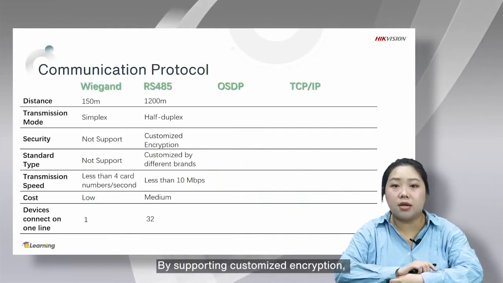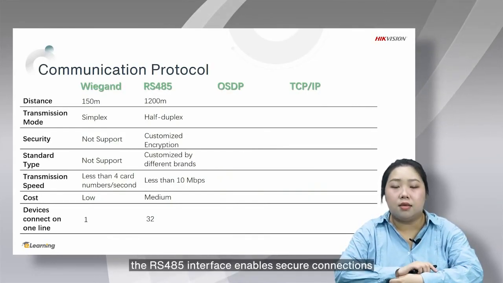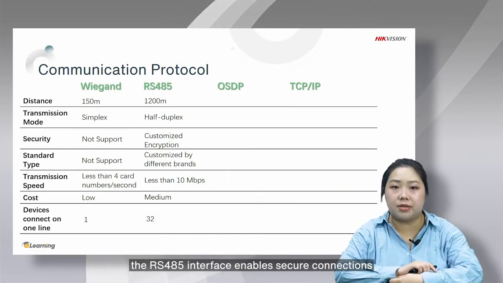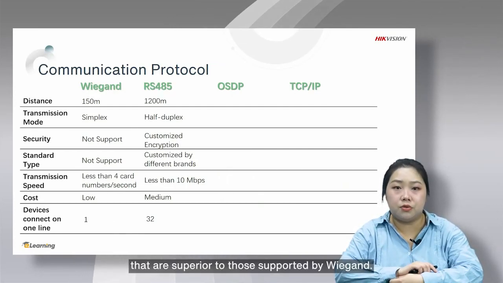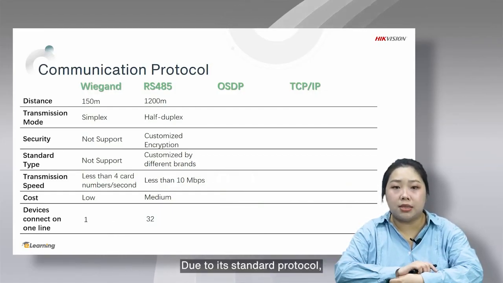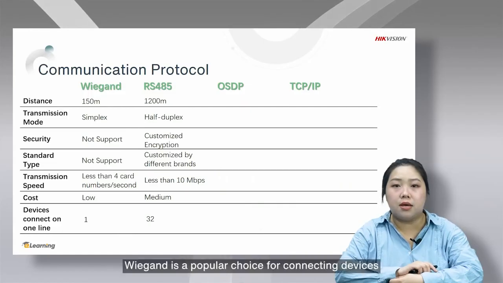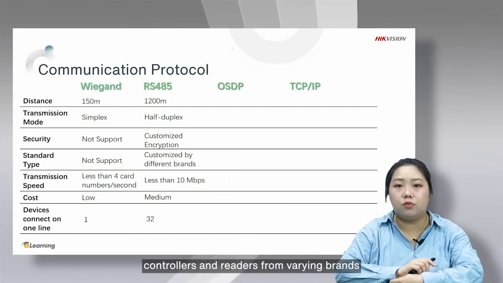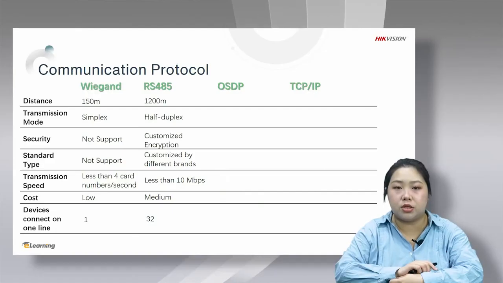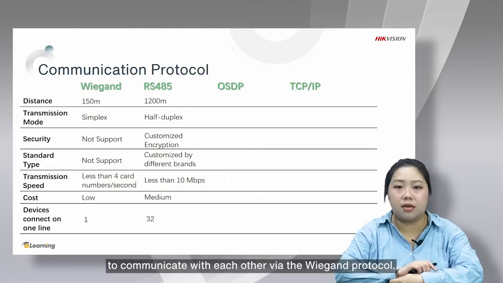By supporting customized encryption, the RS-485 interface enables secure connections that are superior to those supported by Wiegand. Due to its standard protocol, Wiegand is a popular choice for connecting devices from different brands, as it enables controllers and readers from varying brands to communicate with each other via the Wiegand protocol.